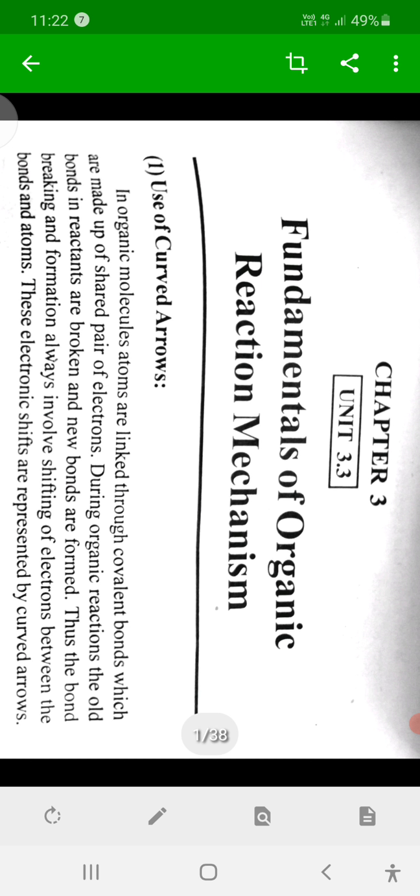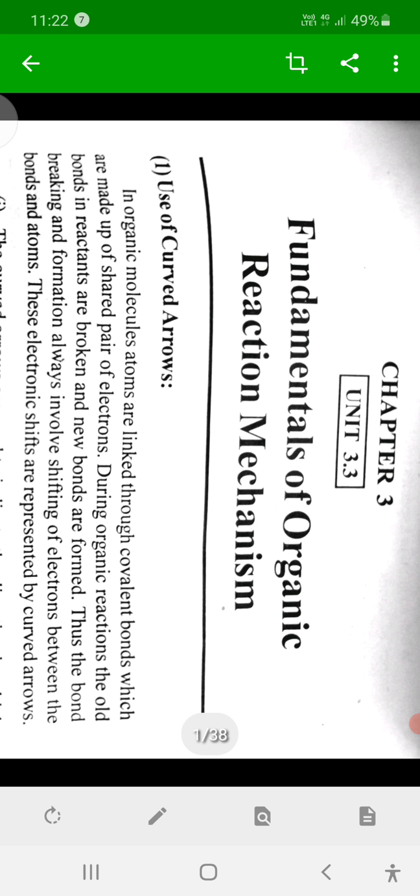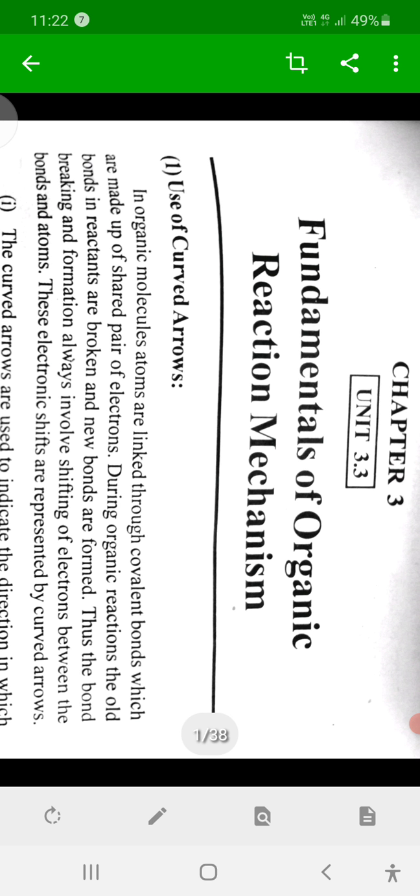And we discuss in this topic some important concepts, important species, important basic concepts and principles required for the study of reaction mechanisms.